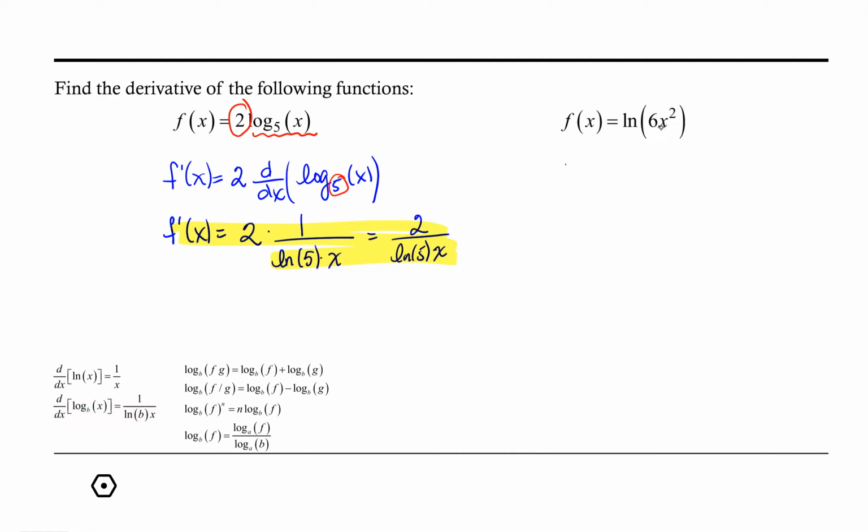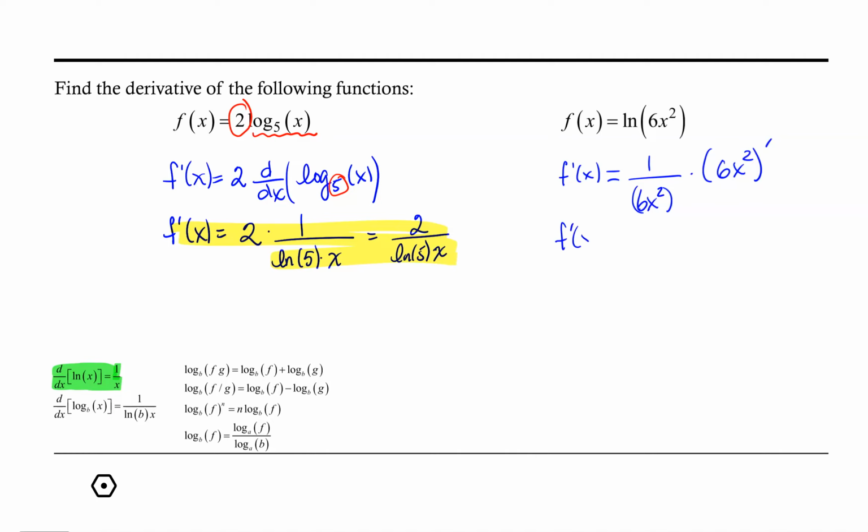So our derivative, f prime of x, equals, now recall that the derivative of natural log of x is 1 over x, or 1 over the argument. So our derivative here is going to be 1 over our argument times the derivative of our argument, 6x squared prime. And our argument is 6x squared.